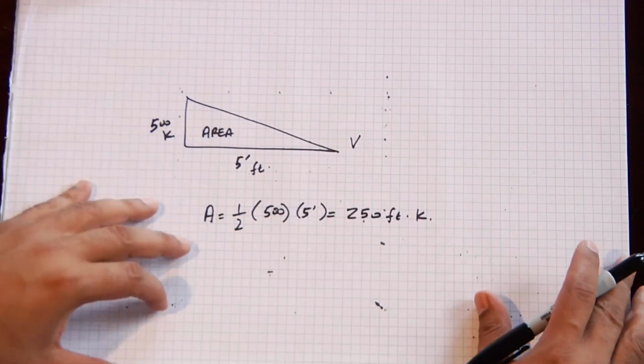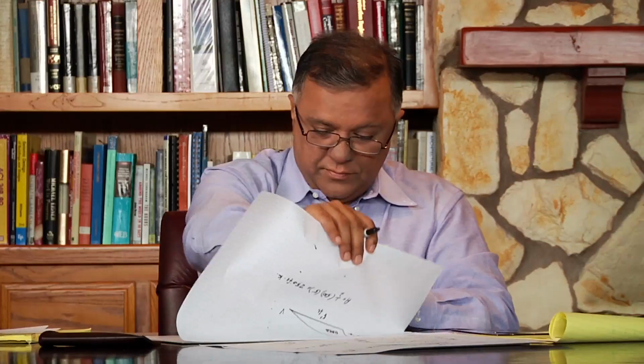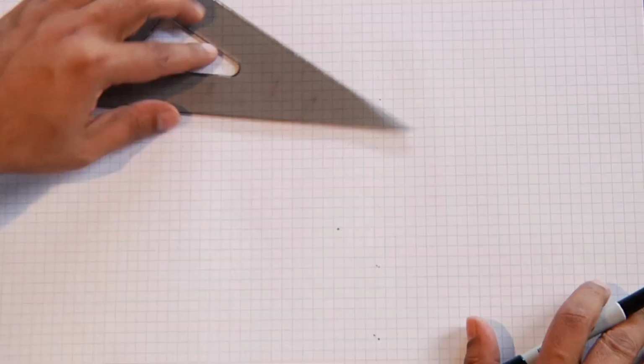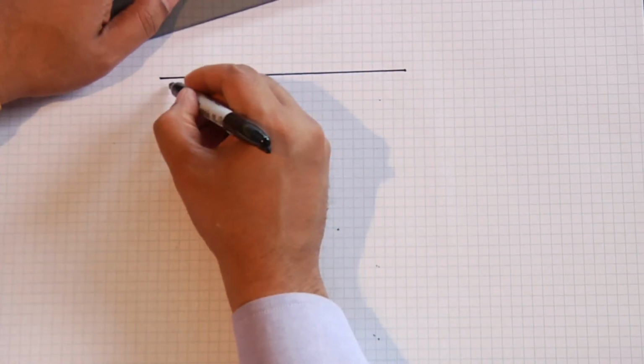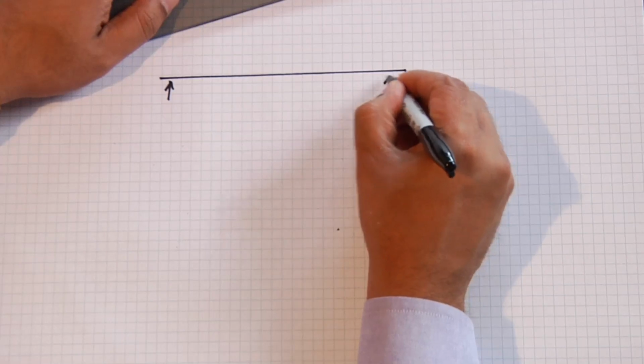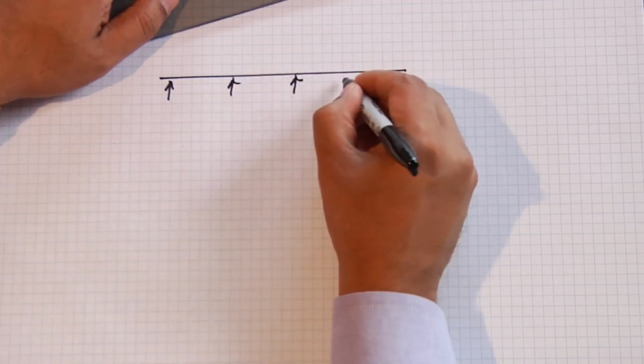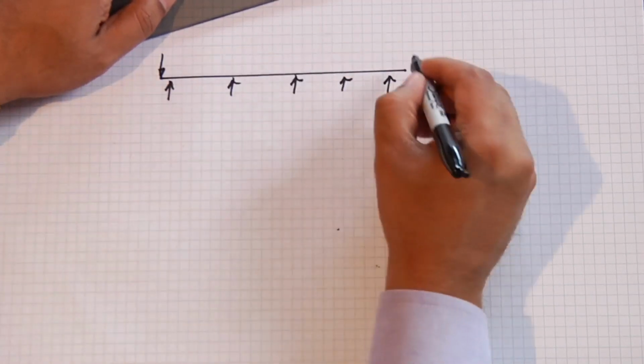If I were to do the exact same problem over again and reverse the load in the opposite direction, say the load was going up, my reaction would be going down.